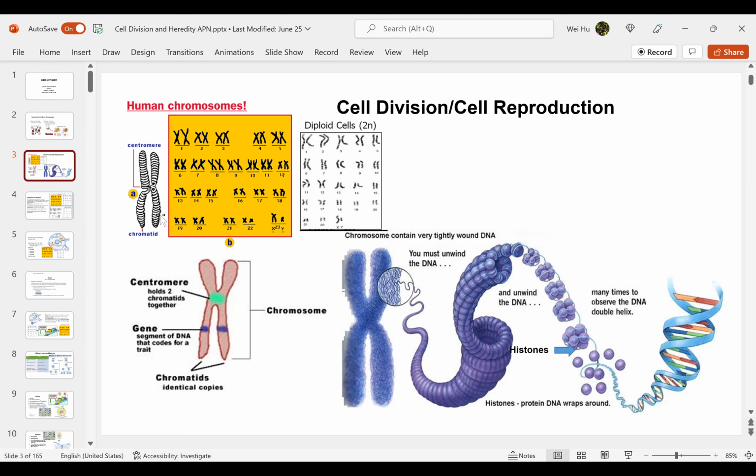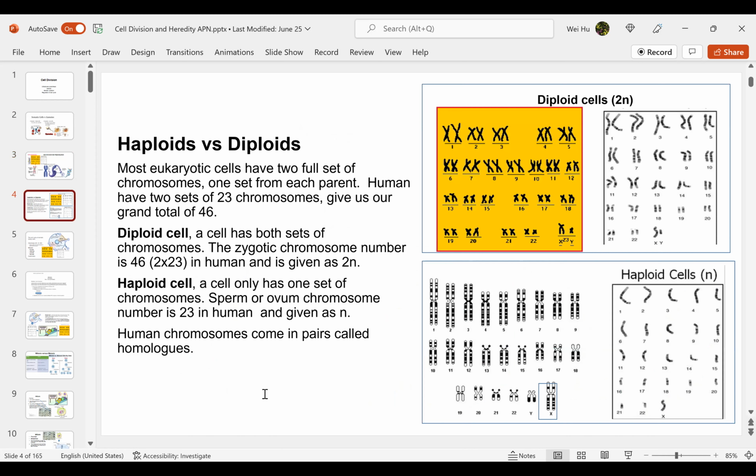So now, let's talk about another two concepts. Diploid cells means that your cells contain 23 pairs of chromosomes, 46 chromosomes. So this is a non-dividing cell. This is after interphase, when they are going to divide.